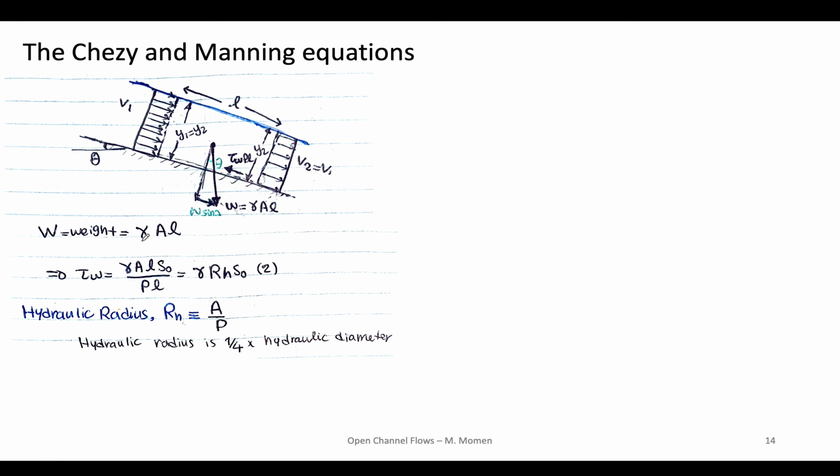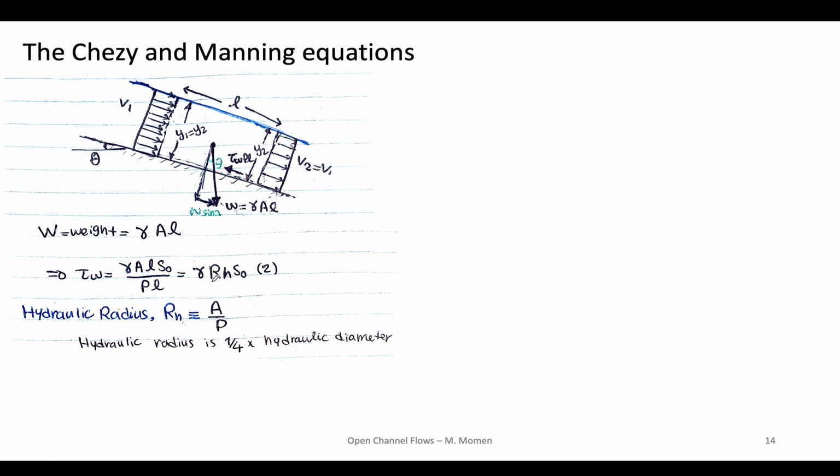So it's going to be gamma A L. And so I just substitute those definitions. So tau W is going to be gamma, instead of W, I'm going to write gamma A L, so gamma A L times S naught over P L. And so I'm going to write this as gamma times R H, a definition I will talk about, times S naught.